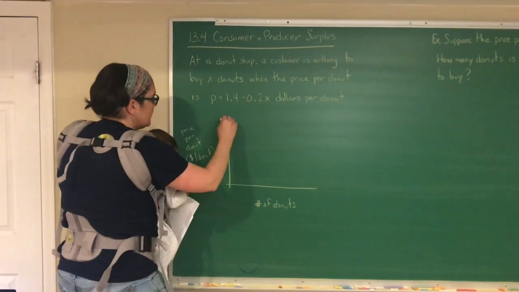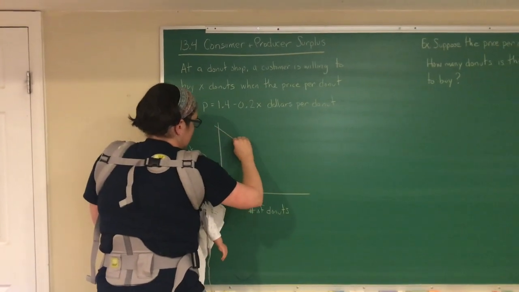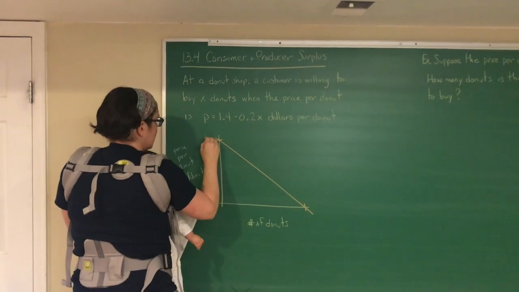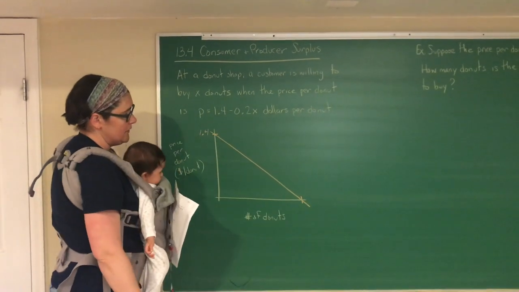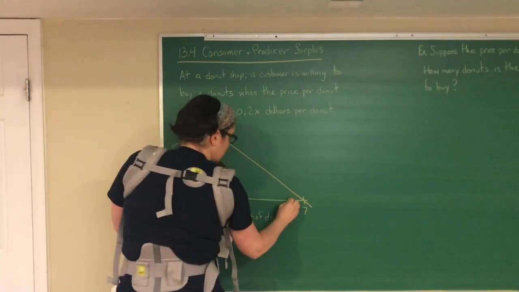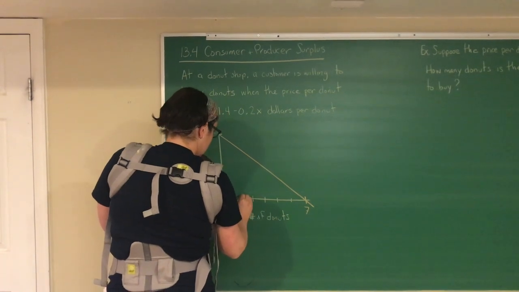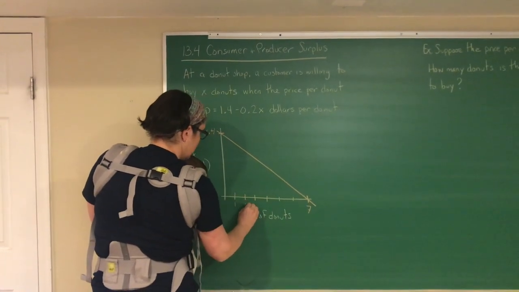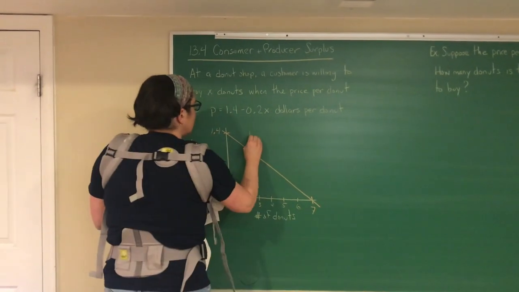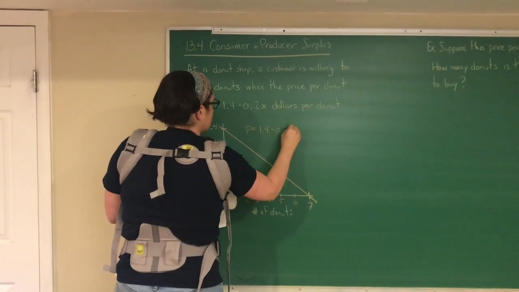The graph from the graphing calculator is this diagonal straight line that crosses the y-axis at 1.4 and crosses the x-axis at 7. Then we can mark the rest of these values: 7, 6, 5, 4, 3, 2, 1. This is P equals 1.4 minus 0.2x.